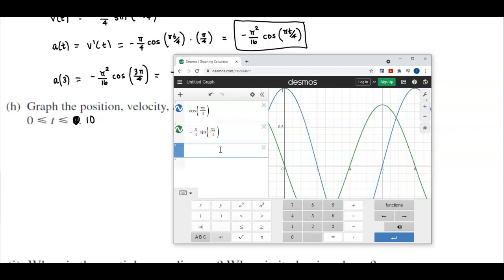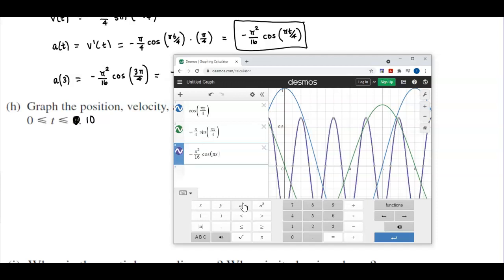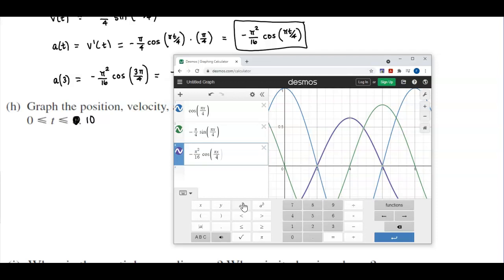And then we have the acceleration function, which is negative pi squared divided by 16 times the cosine of pi x divided by 4.